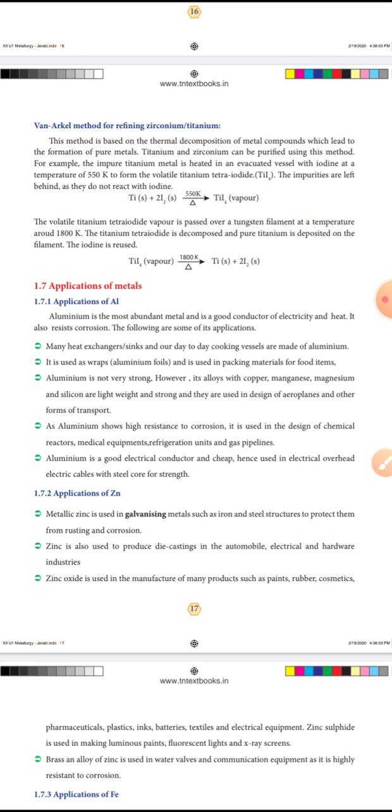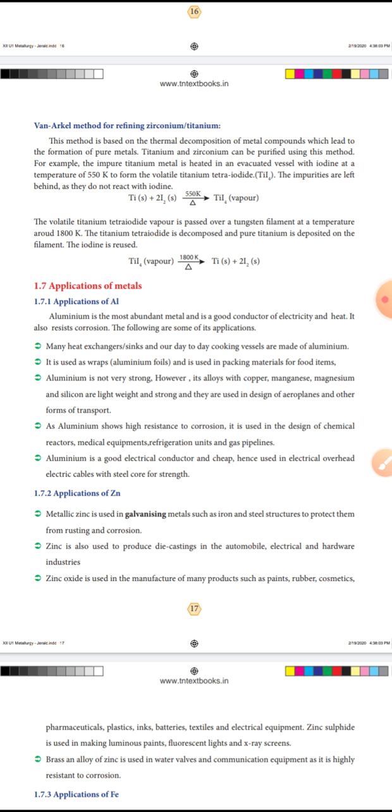Many heat exchangers or sinks and our day-to-day cooking vessels are made of aluminum. It is used as wraps and as packing material for food items.